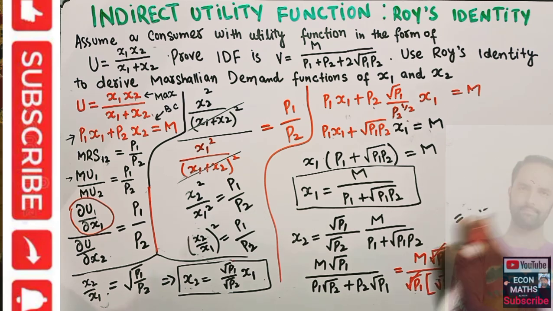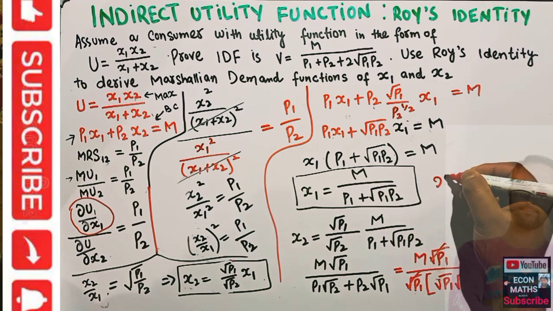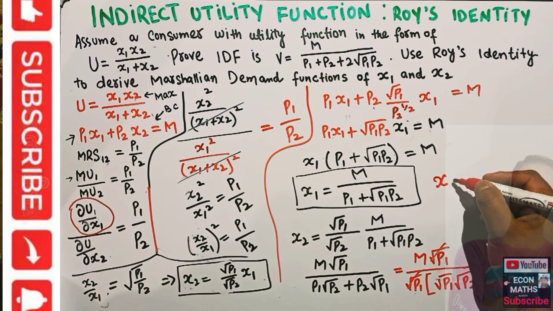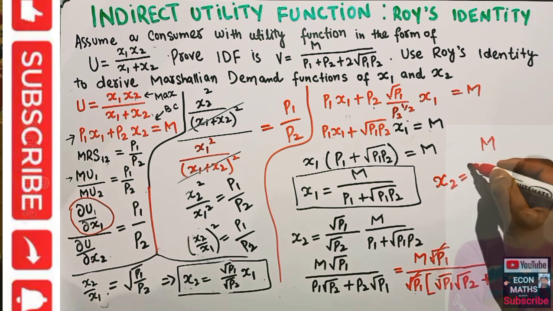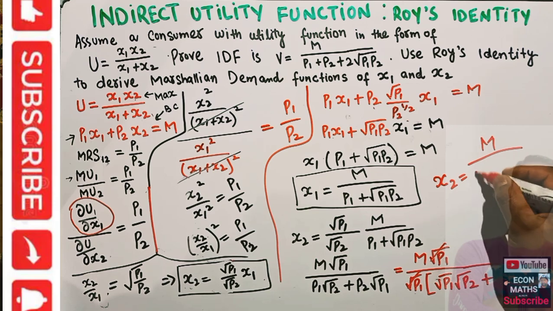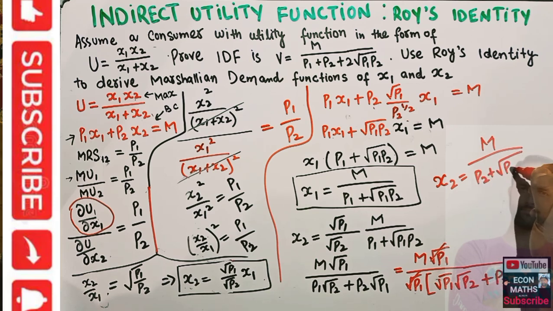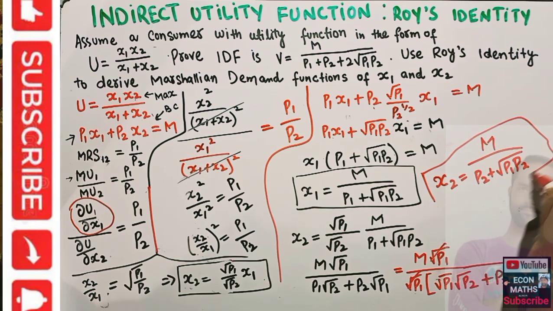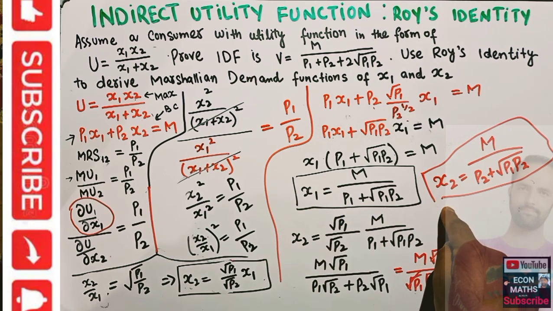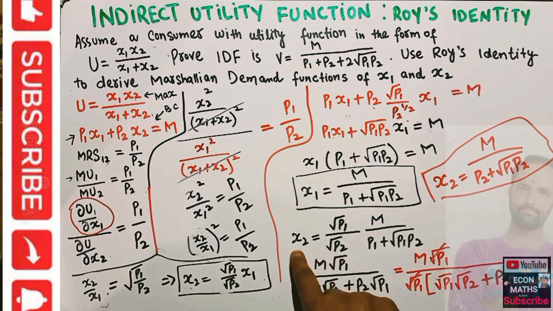Okay, let me write it somewhat beautifully. X2 will be equal to m upon p2 plus under root p1 p2. This is the demand function for good x2, and this is the demand function for good x1.